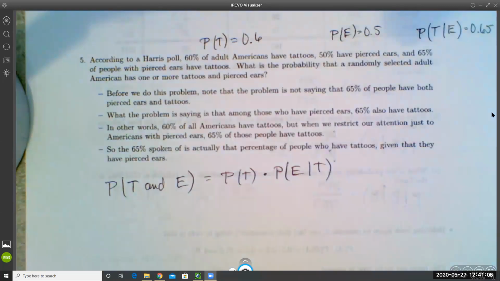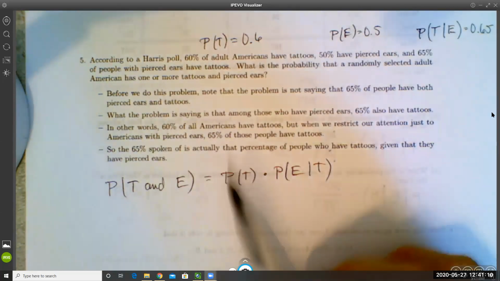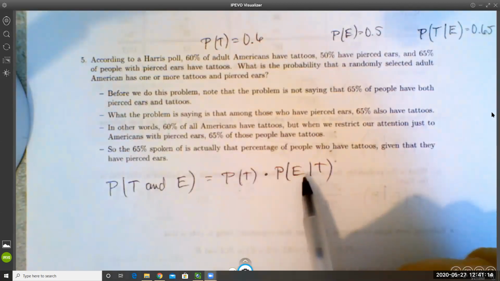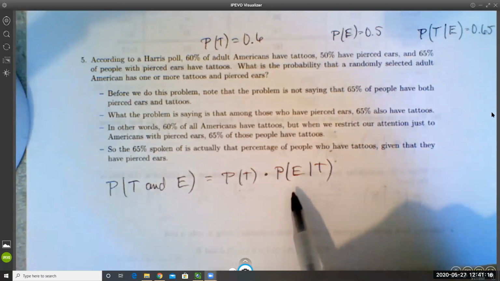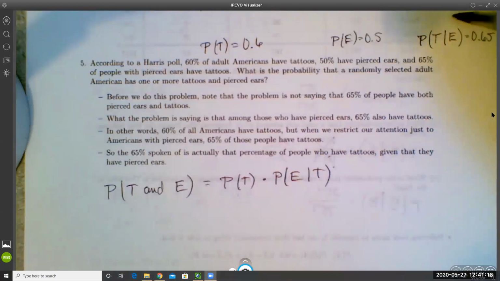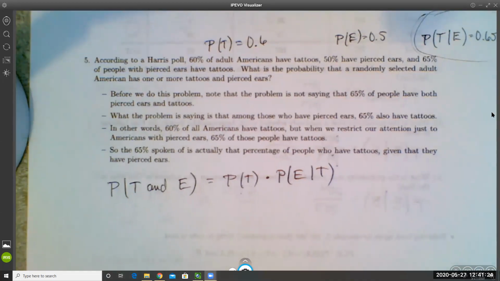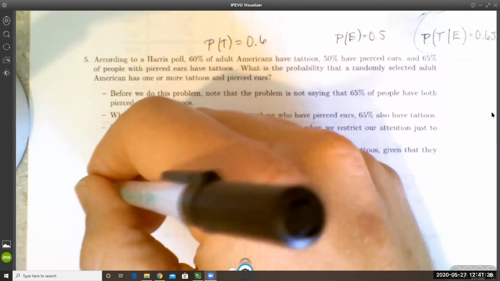But we have a problem here, right? Because we're given this piece of information, we know that it's 0.6. But we're not given this piece of information. We don't know what the probability of E given T is. We were given this probability, right? Probability of T given E. So we don't have enough information to use this formula.